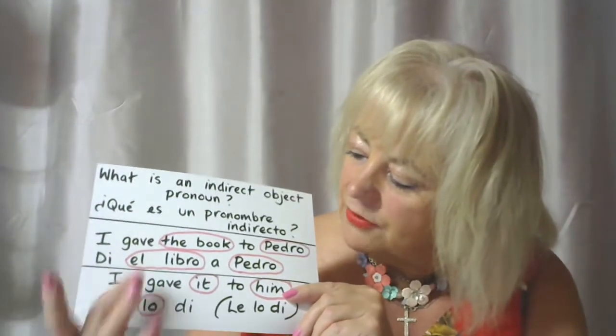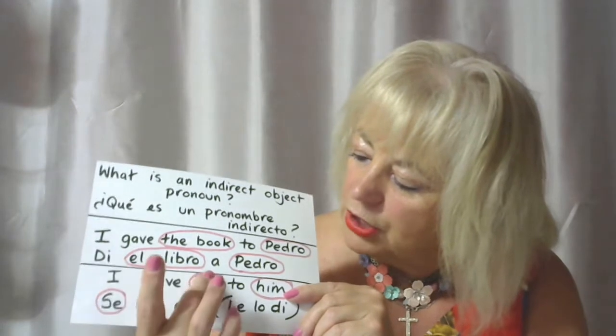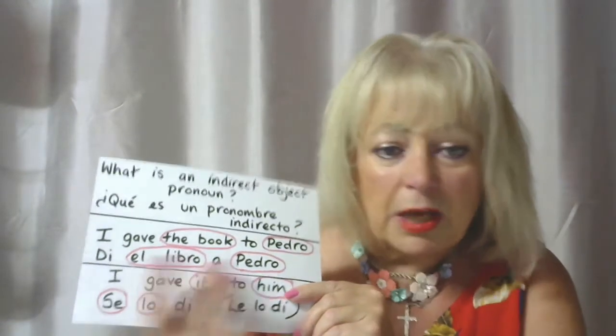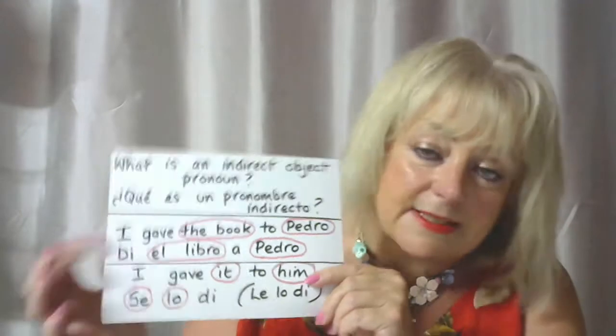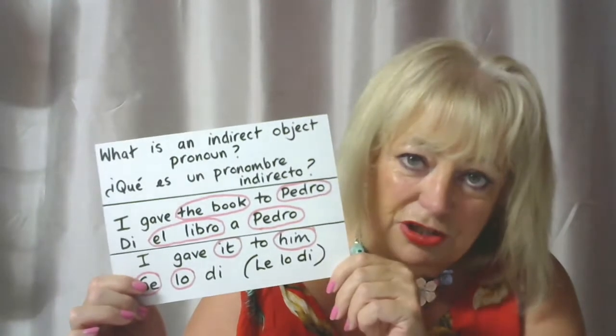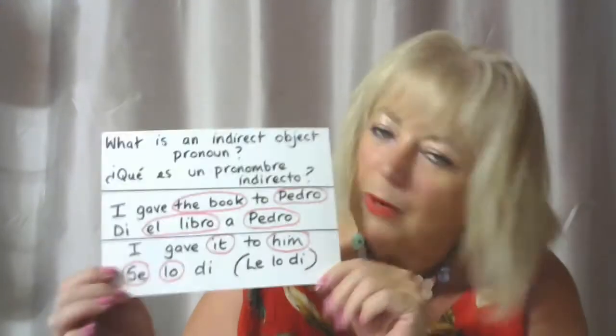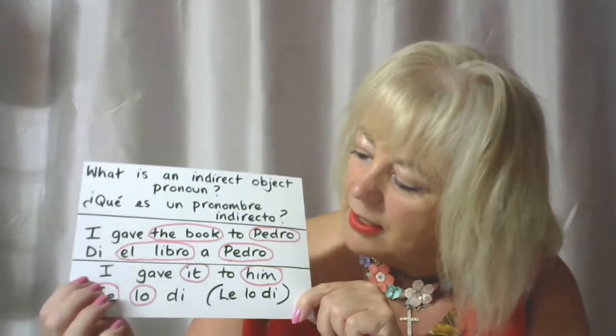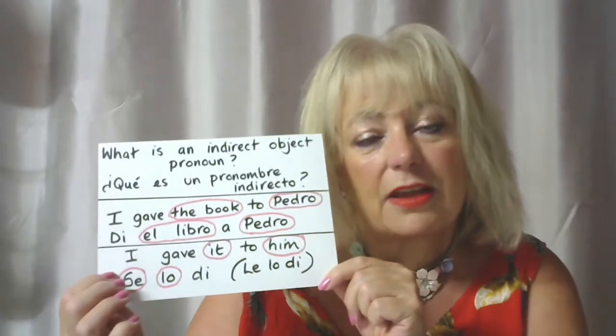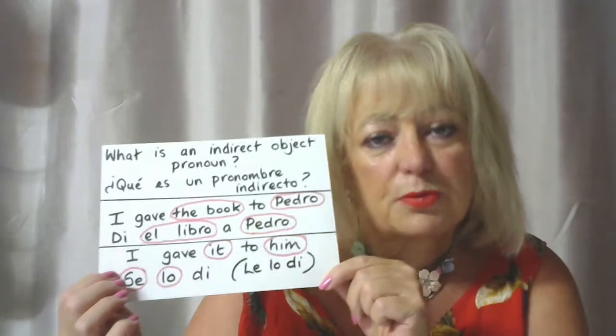So in Spanish that would be di, I gave, el libro, the book, a Pedro, to Pedro. So that sentence is more or less the same order as it is in English. So that's not too bad. Where it gets complicated is when we want to replace the nouns with pronouns.